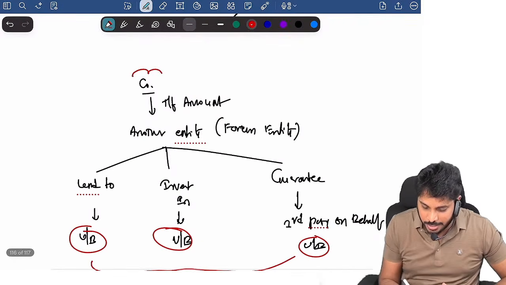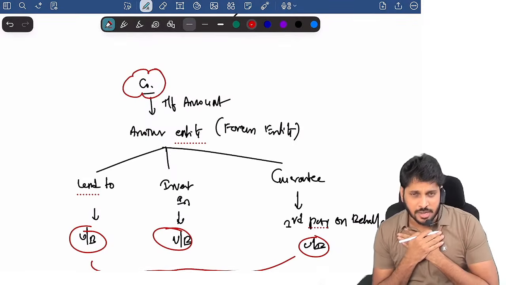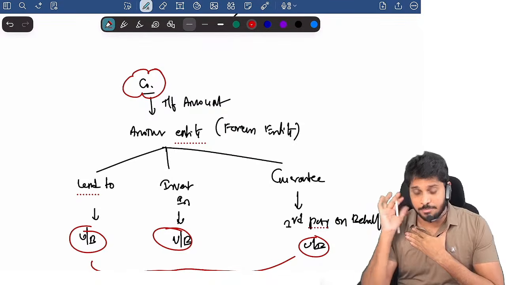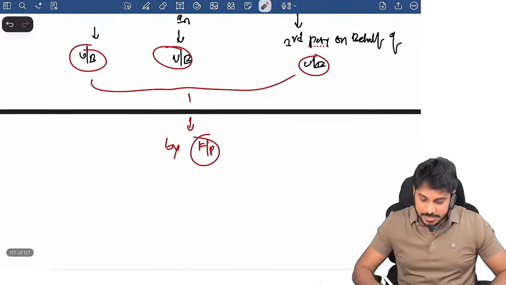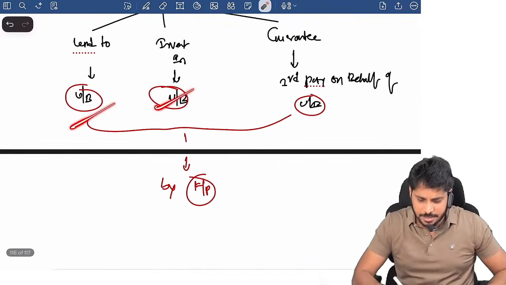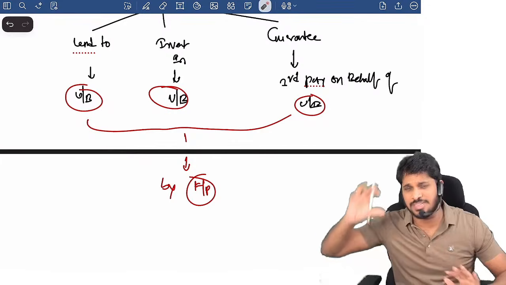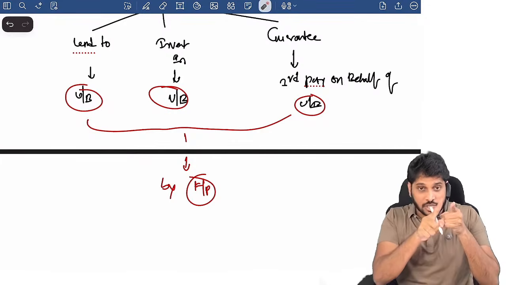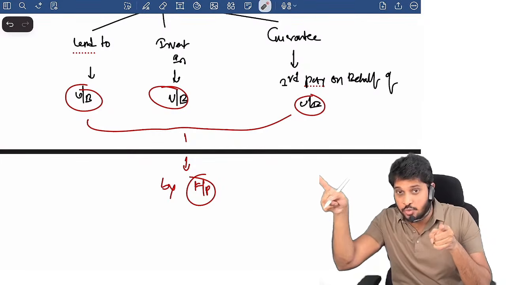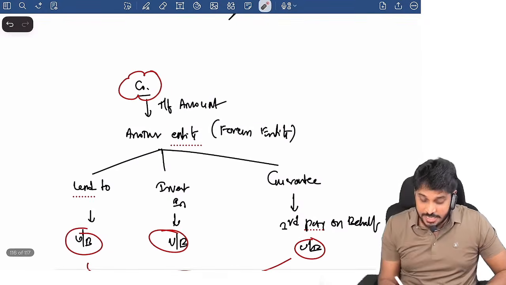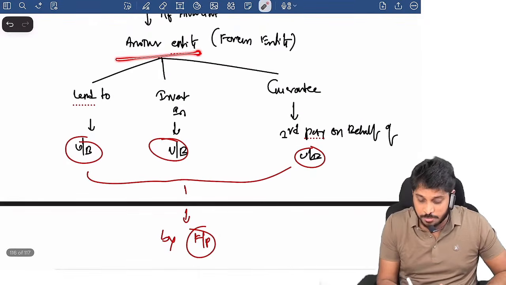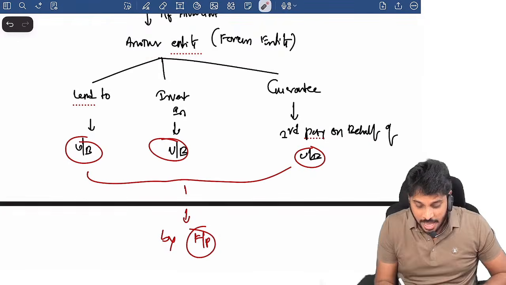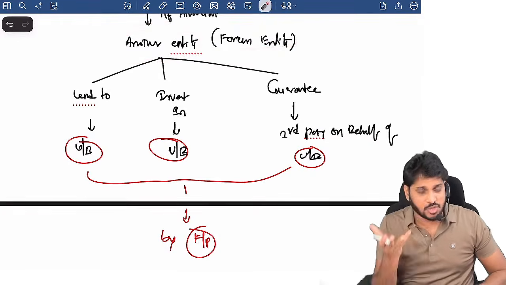Who is the funding party? Our client. We are doing the audit of one company, right? This company has some beneficiary, we call them the ultimate beneficiary, meaning another company. Now, instead of this company giving money directly to that company, what did our client do? Our client transferred the money to an intermediary, another entity, which may be a foreign entity or an Indian entity.